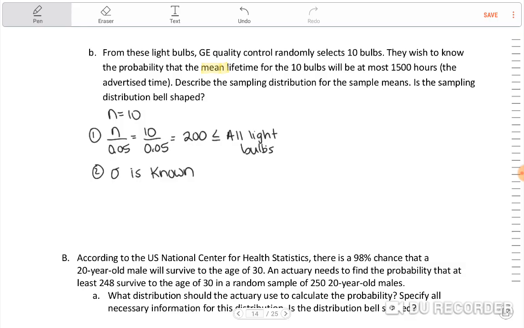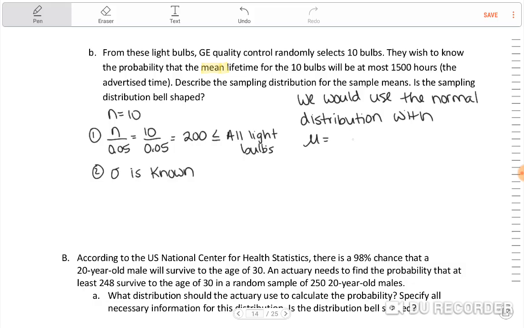So what we would say is we would use the normal distribution with mu equal to 1550, but our standard deviation, what was it, 57, right?